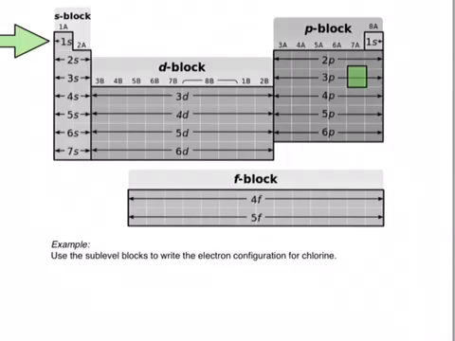So for chlorine, that would be 1s, which holds 2, then 2s, which holds 2, and then 2p, which holds 6. And then we go to the next row or period, and 3s holds 2, and then we're into 3p, but chlorine doesn't make it all the way to the end of 3p. So we write down 3p, and then we count over 1, 2, 3, 4, and then chlorine is number 5. So that would be the number that becomes our superscript.